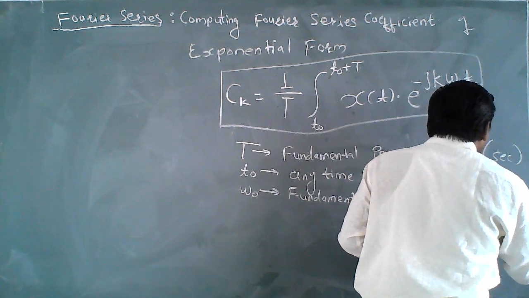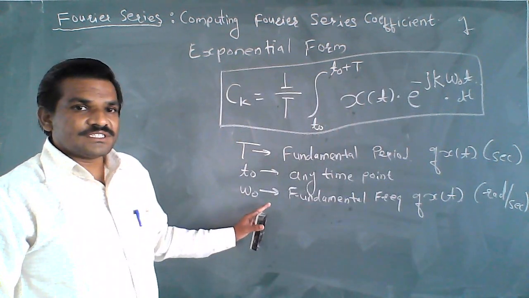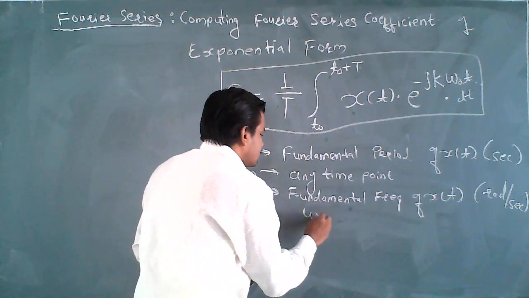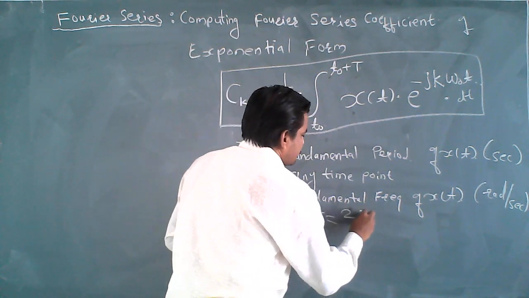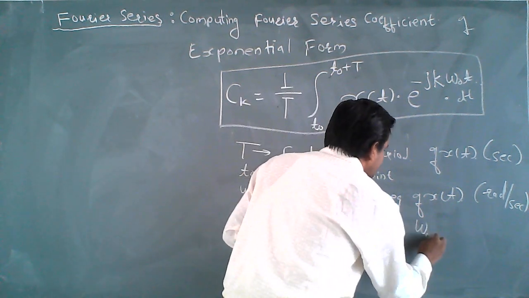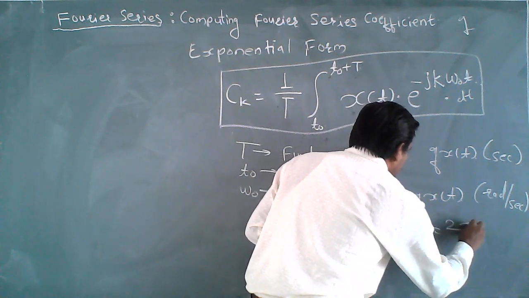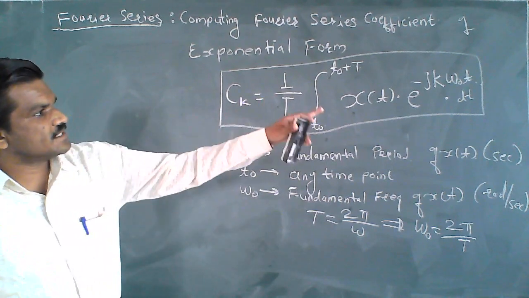What is omega 0? You know the equation T is equal to 2 pi by omega 0. This implies omega 0 is equal to 2 pi by capital T.